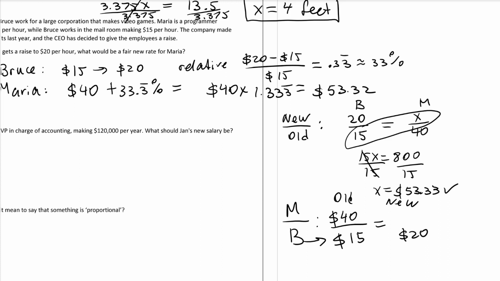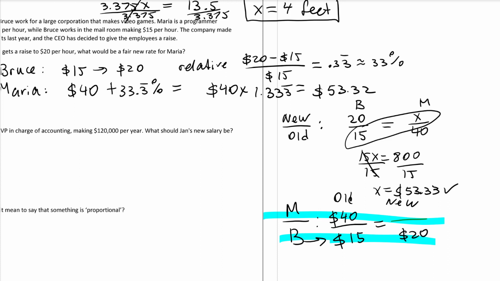The key of the proportion is consistency. Whatever you put in the denominator and the numerator has to be consistent. So if you're talking about Bruce's salary in the denominator, it should stay in the denominator. You're talking about Maria in the numerator, leave it in the numerator. You can flip it. So Bruce is in the numerator and Maria is in the denominator. That's also going to be okay as long as you are consistent.